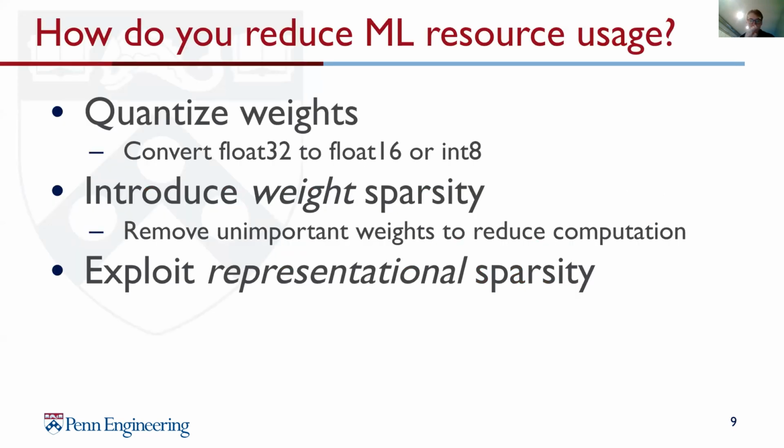At a high level, if you have machine learning models, you can take a domain-agnostic approach where you can do things like quantize the weights, converting from a float32 representation to either float16 or int8. This saves VRAM on the GPU. It also is faster to do operations on. You can also introduce weight sparsity.